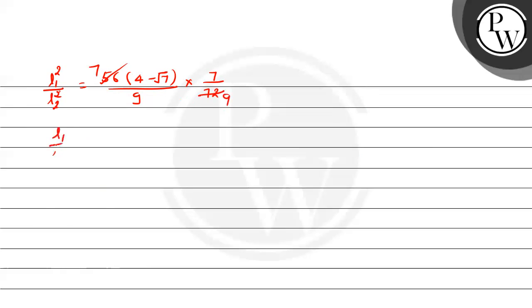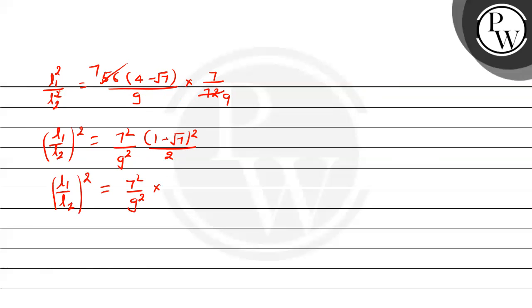So L1 by L2 square can be written as 7 square divided by 9 square, and this further can be written as 1 minus root 7 whole square divided by 2. For making this a perfect square, I have divided by 2. So L1 divided by L2 is equal to 7 square divided by 9 square into root 7 minus 1 whole square divided by 2.